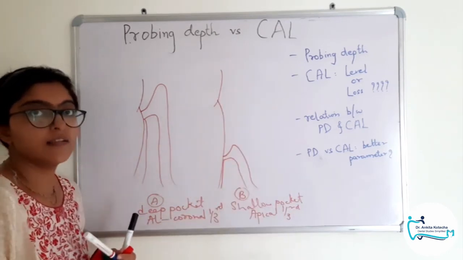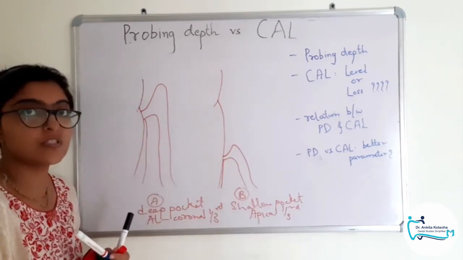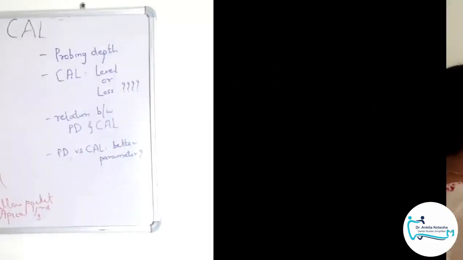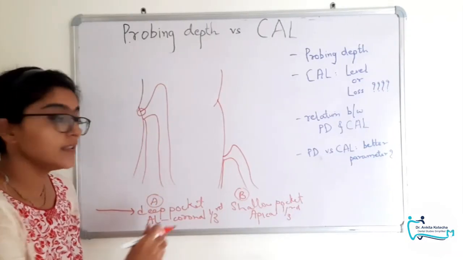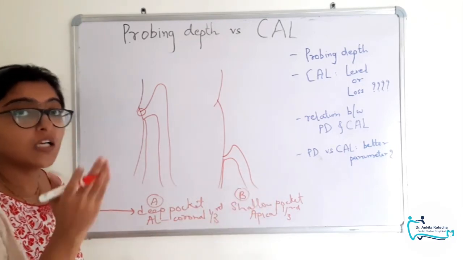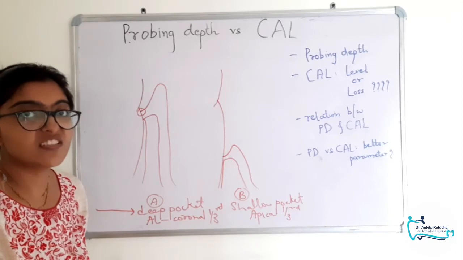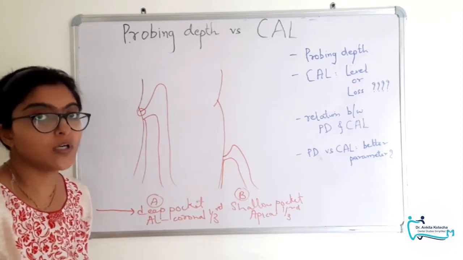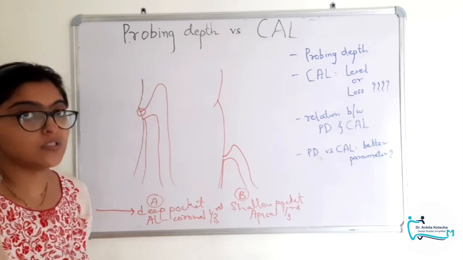Now you all decide which case has a better prognosis, which case has more disease activity. Case A has a deep pocket, case B has a shallow pocket. So a general answer will be a case with a deep pocket is more severe and has a poor prognosis compared to the case with a shallow pocket, which has a better prognosis.